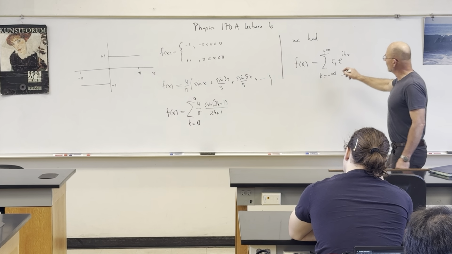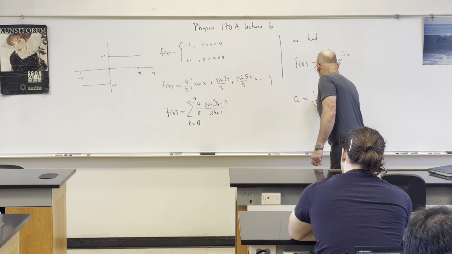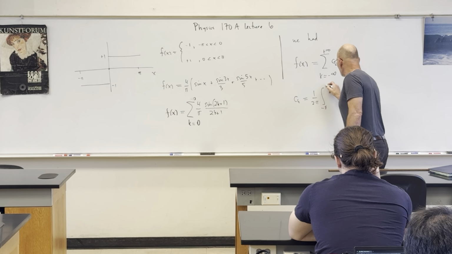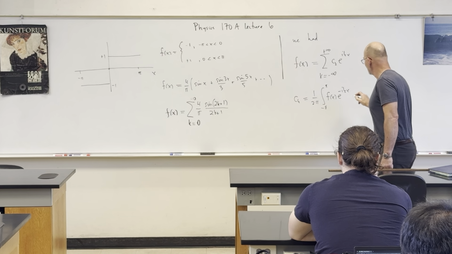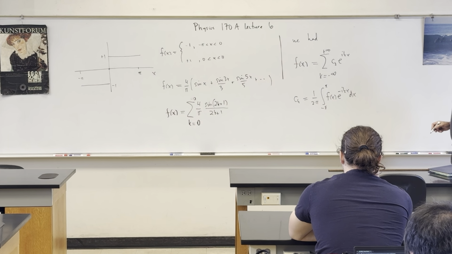And what we had found was that the c sub k is going to be 1 over 2 pi integral minus pi to pi f of x e to the minus i kx dx. And that's what we actually integrated last time.